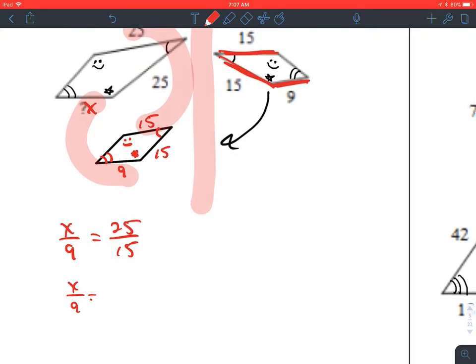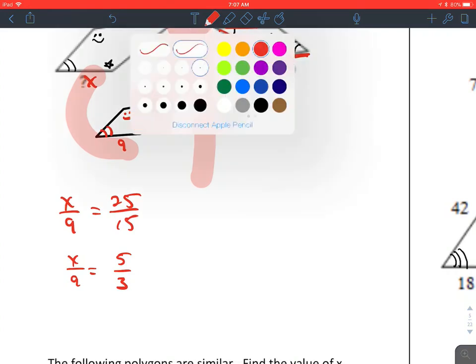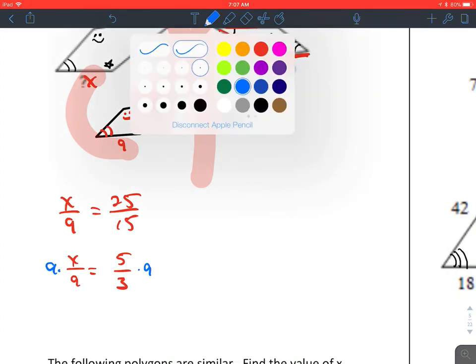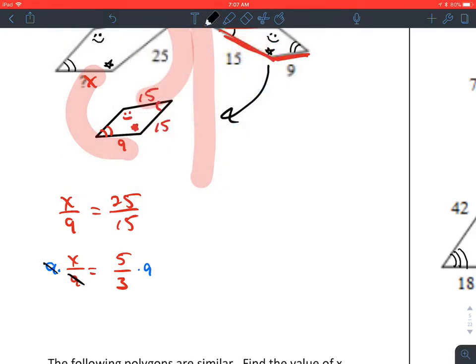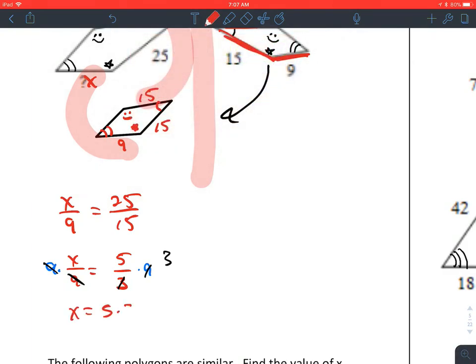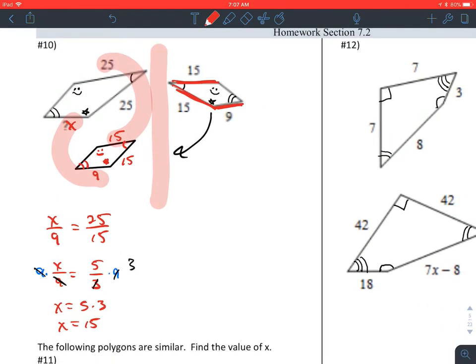I'm going to simplify the fraction on the right by dividing the top and bottom by 5. Then to get X by itself, I'm going to multiply both sides by 9. 9 goes in the 9 1 time. 3 goes in the 9 3 times. So we end up with X equals 5 times 3, so X is 15.